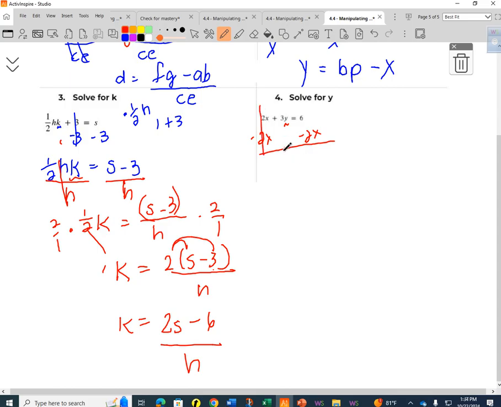I wanna make sure I get through to let you see it. 3 times y equals 6 minus 2x. I'm isolating the y, so I need to divide by 3, divide by 3. So y equals 6 minus 2 times x all over 3.